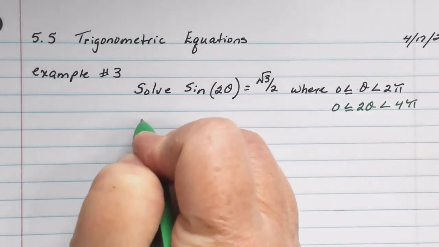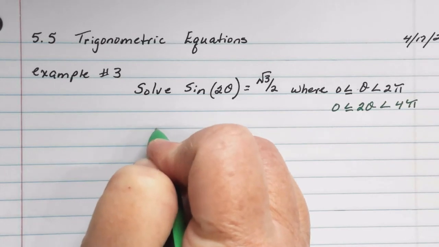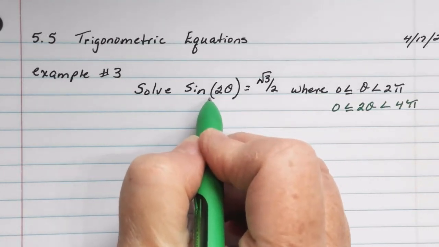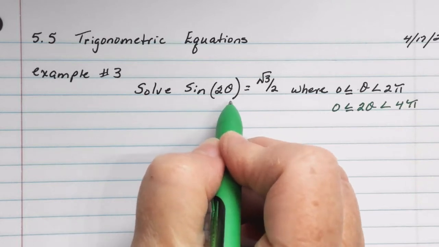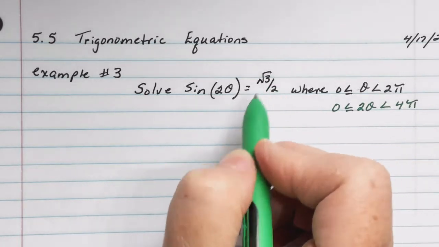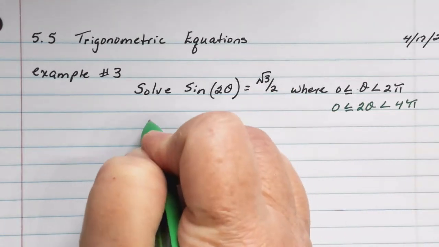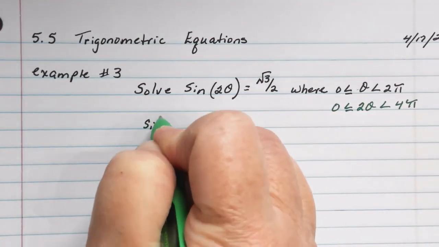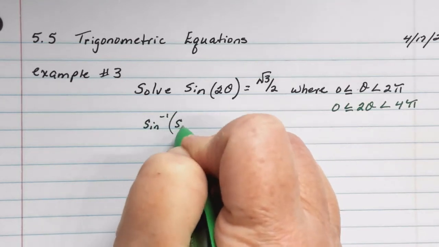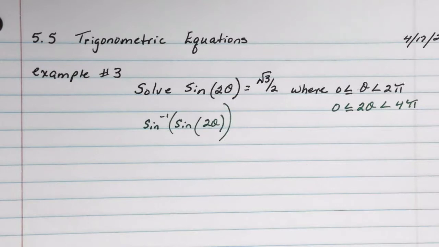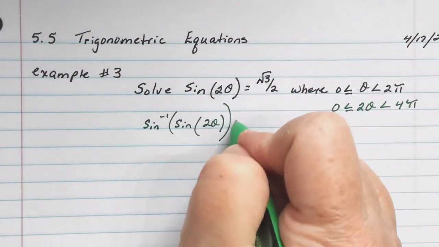Now, to look at the solution, one way to think about this is: when is the sine of 2 theta equal to square root of 3 over 2? One informal way to process this is to take sine inverse of both sides.